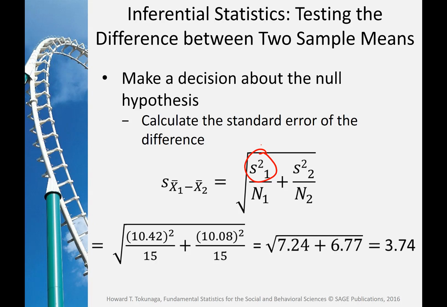So S1 squared divided by N1, that's just this first part here. Go through, do the math, we get a standard error of the difference of 3.74.